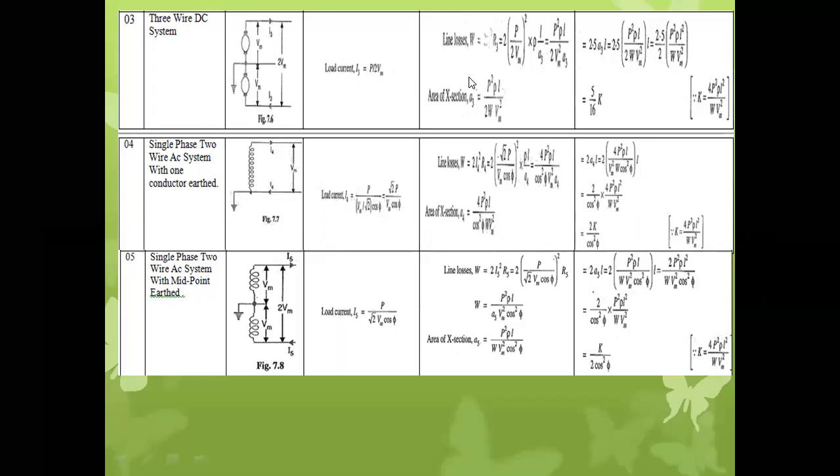Yes, roll number 21, what is your answer? All values are available. K is available, cos phi is available. You just have to calculate and compare with the first case. What is your answer or what is your conclusion?